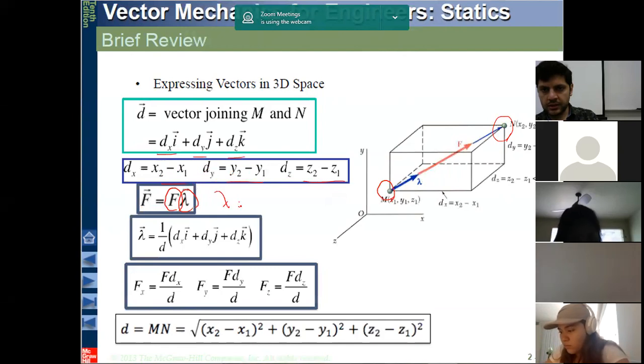So this lambda here is a unit vector. This d is not necessarily a unit vector, because the distance could be more than 1. So what you need to do is to normalize this vector. So you get the vector joining M and N divided by D.